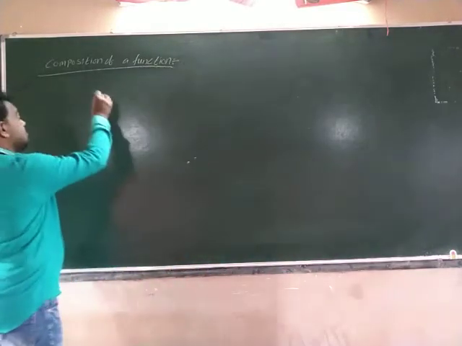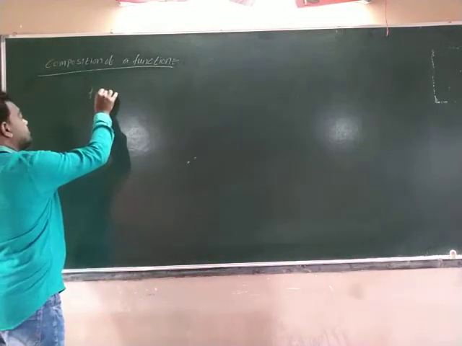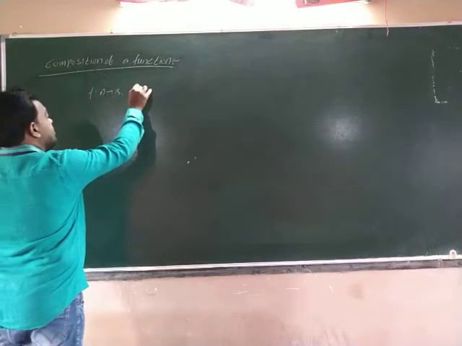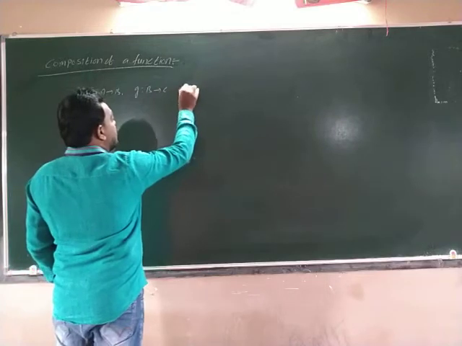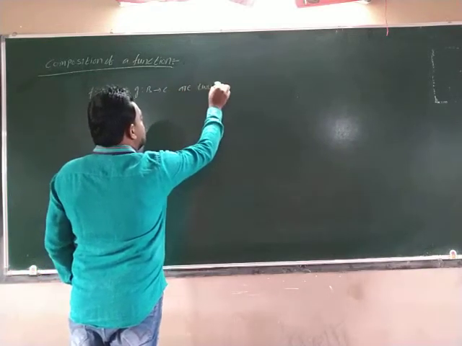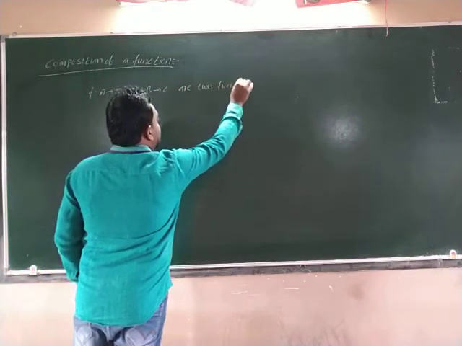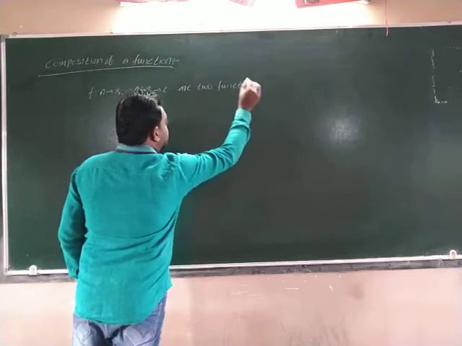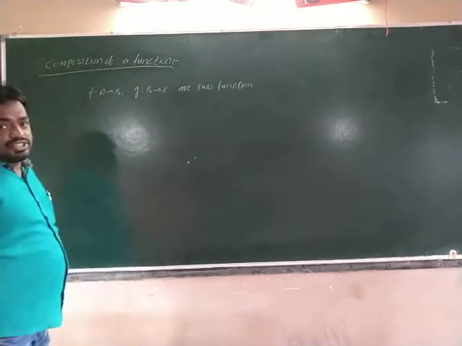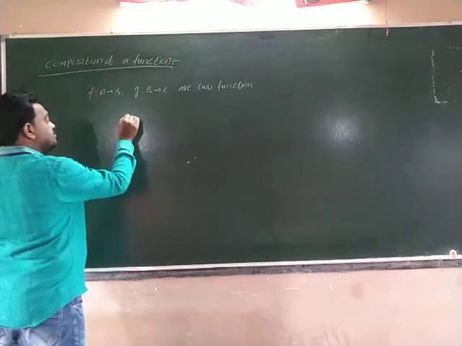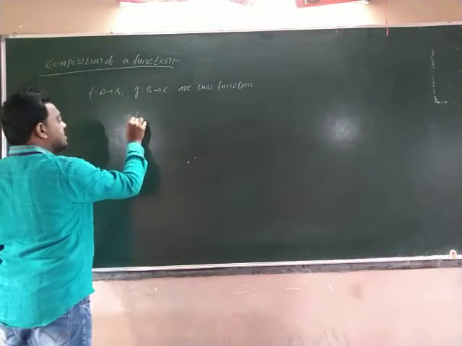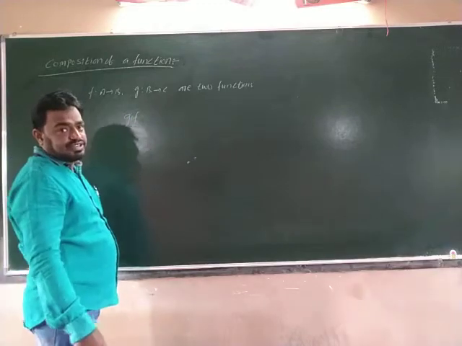Say f is a mapping from A to B, and g is a mapping from B to C, two functions. Then the composition of the functions f and g is denoted by g circle f.